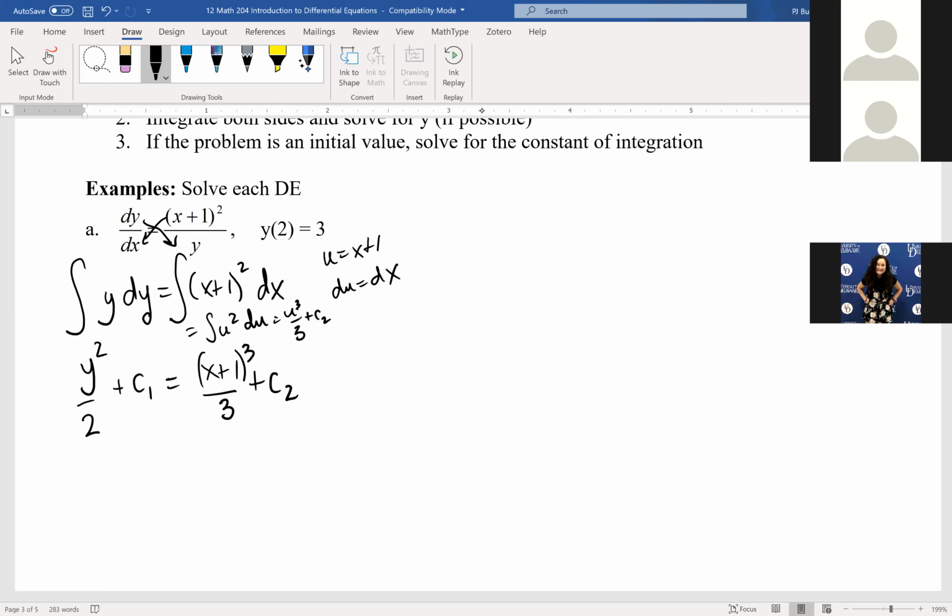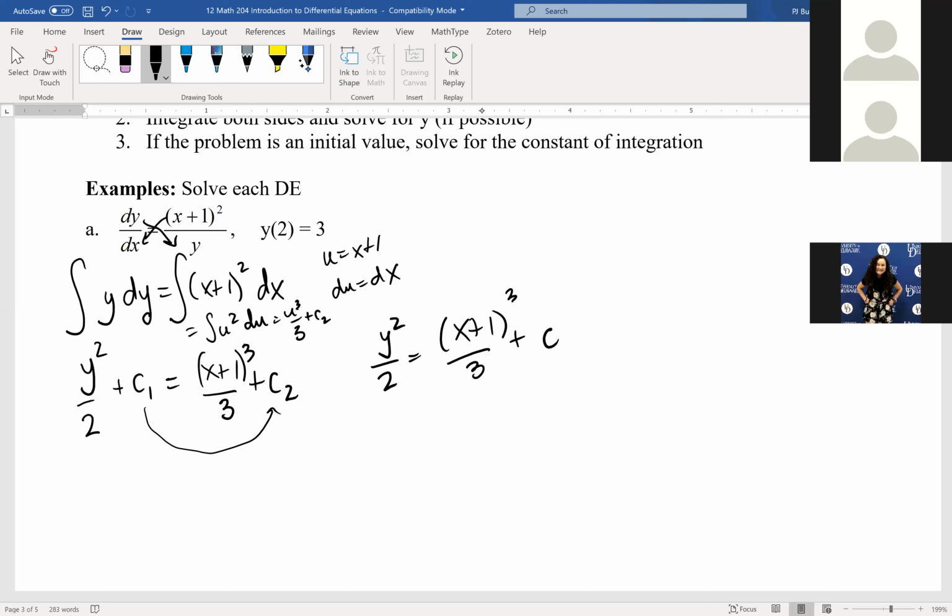However, if I were to simply move this c1 to the other side, I can add it to that c2 and it would just become c. So my suggestion from here on out is when doing these problems, just go ahead and put the c, the constant of integration, on the side with the x. So I've got y squared over 2 equals (x plus 1) cubed over 3 plus c.